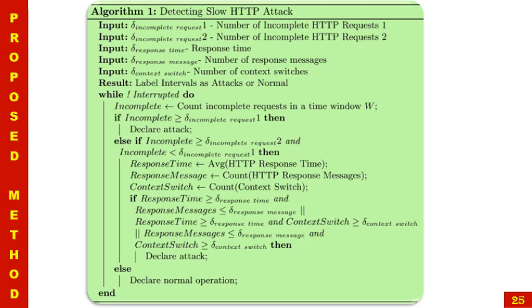However, in case some attacker is trying to fool the system by working below the threshold level, then the other parameters come into play and decide whether that time window is benign or malicious. I draw attention to the else if statement that we have written, where we are saying the incomplete is greater than or equal to incomplete request 2, that is the second threshold, and it is less than incomplete threshold 1, which means it is between the above and below thresholds.